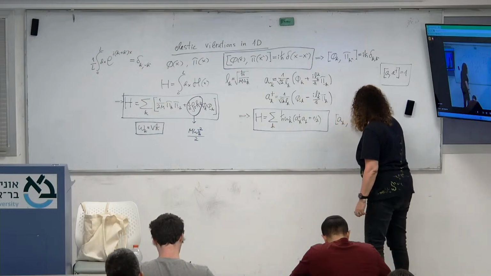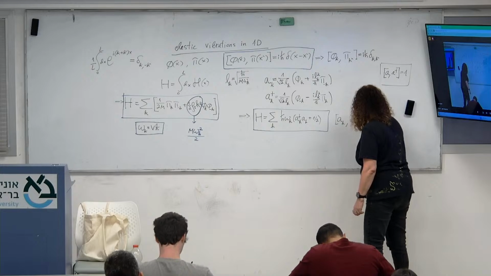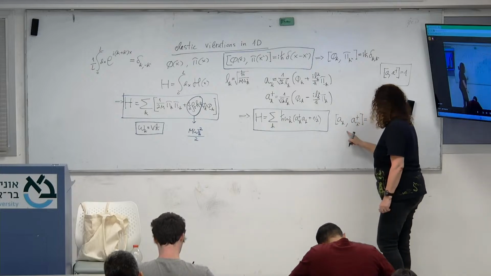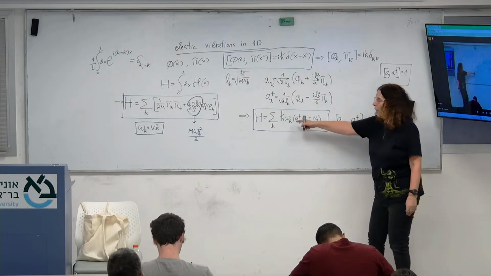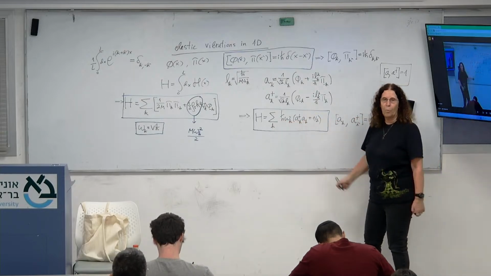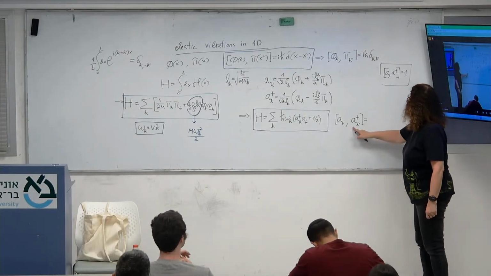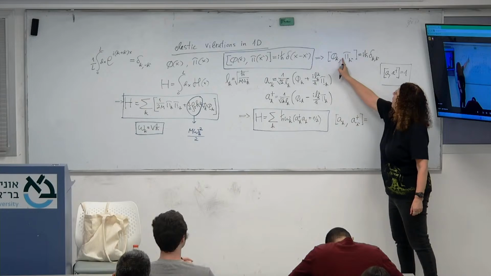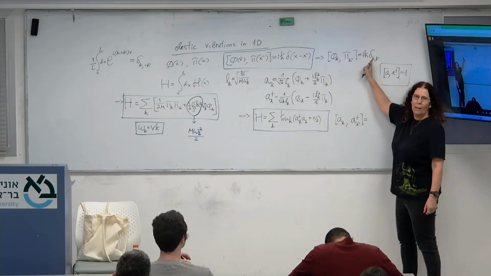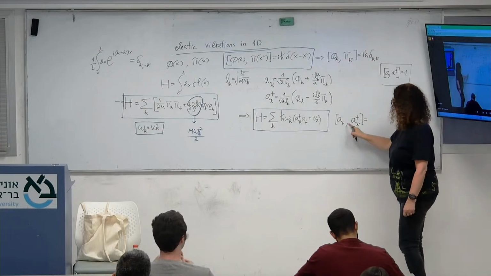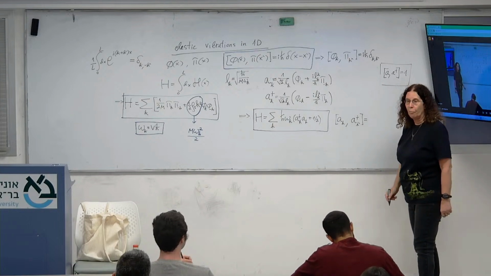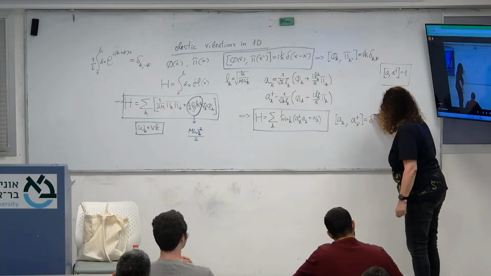A_k and A_k' dagger, because there are many k's and I can compute the commutator of each. What are they giving me? And remember that phi k and pi k prime give a delta, right? So this will give me exactly delta k k prime.